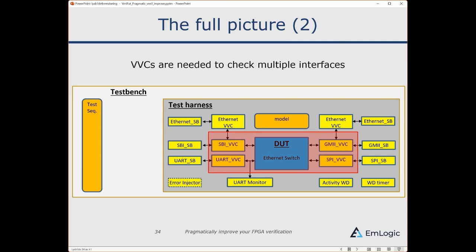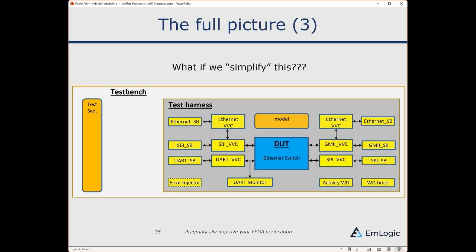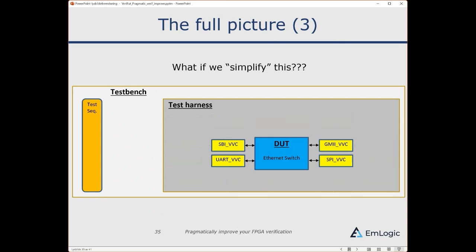Okay, so these verification components are actually needed to check multiple interfaces if we're going to allow the system to do skew on one interface with respect to another. What if we simplify this? What if we remove all the stuff we just had there and are just left with verification components?